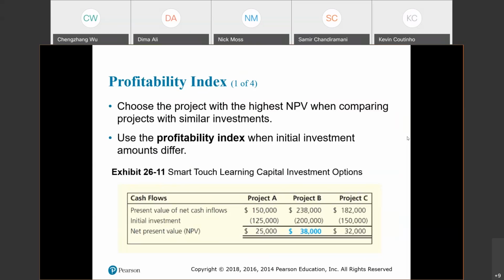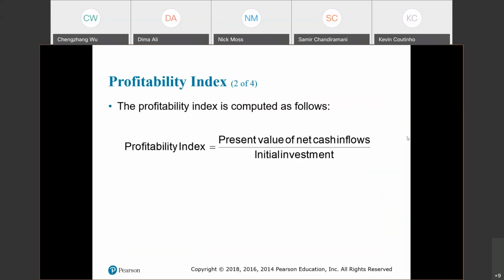So to choose among different projects, the company computes the Profitability Index. Here, the Profitability Index computes the number of dollars returned for every dollar invested, with all calculations performed in present value dollars.